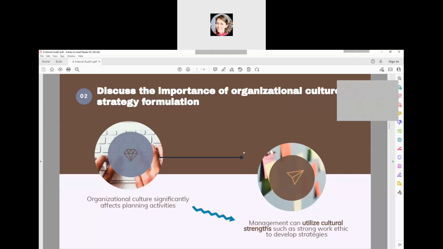What is the relationship between organizational culture and strategy formulation? What is important to note here is that organizational culture can significantly impact the planning activities. Whatever plans are laid out, the culture can influence this. It can strongly affect the ability of the company to shift its strategic direction. When it comes to decision making, the organization needs to look back at the organizational culture.